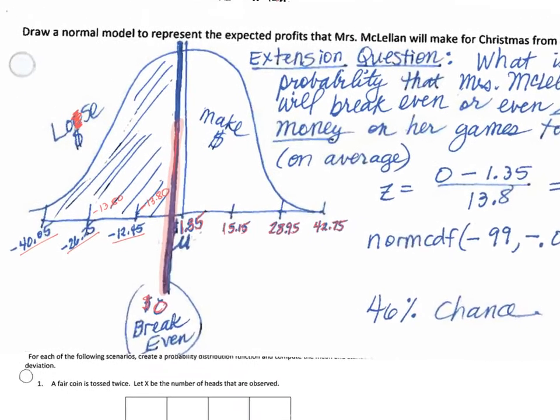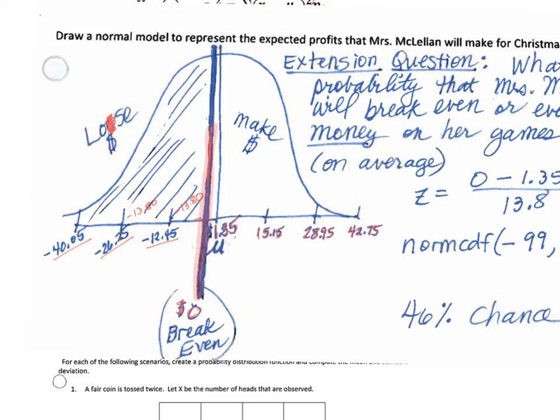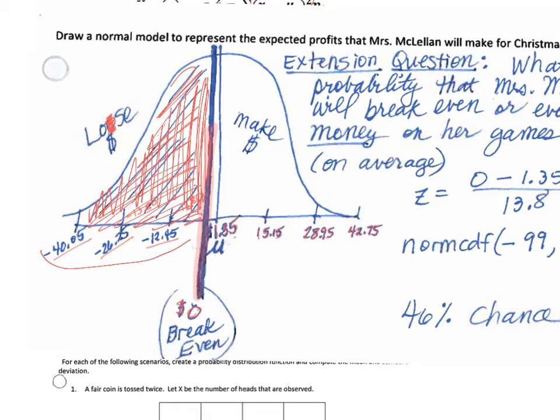Well, on this curve, I am losing money in this section to the left when my profits are negative. Doesn't that seem natural? When my profits are negative, that's where I'm losing money. So if I want to know how frequently I will lose money, I should use the normal model and compute this area.